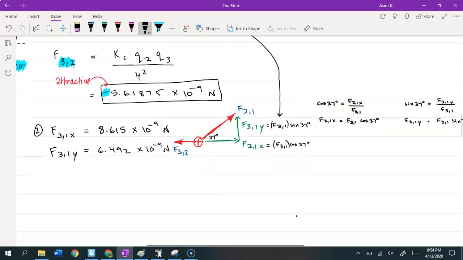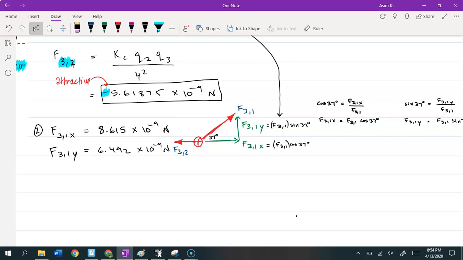And so we've gotten the x and the y components of F31. Now, we talked about this earlier, but if you want to be complete about it, let's talk about F32. F32 has an x component, and you can think of it as having a y component.